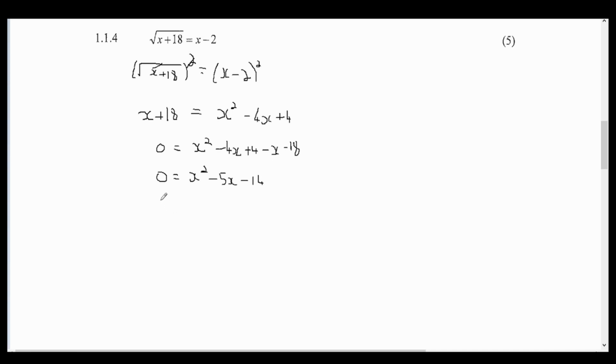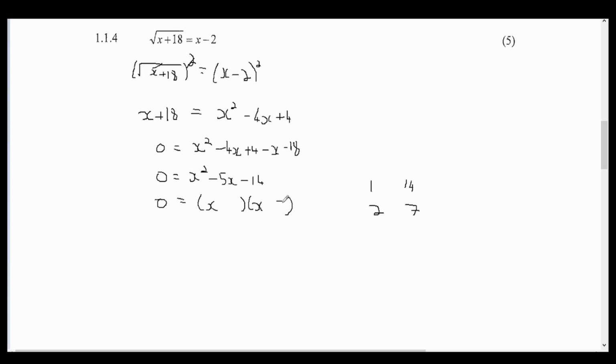Then we factorize, because we have this in this lovely quadratic form. So this becomes (x )(x ). With 14 we have 1 and 14, 2 and 7. That should be a green light already, because we can see the difference between 7 and 2 is 5, and that's what we want.